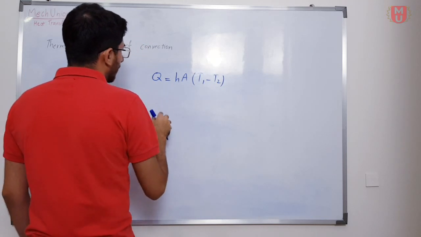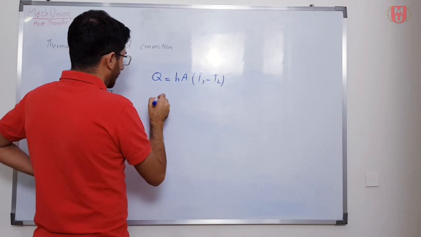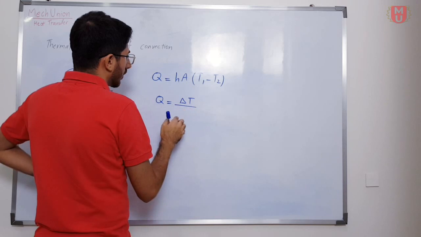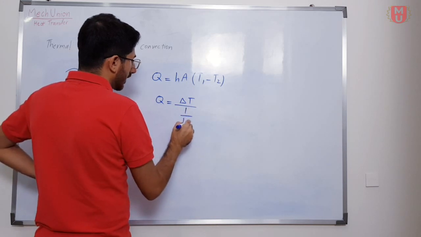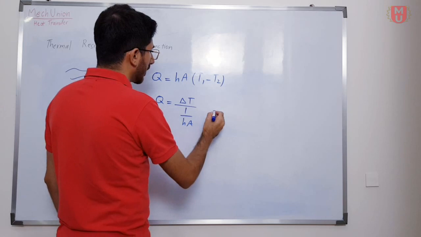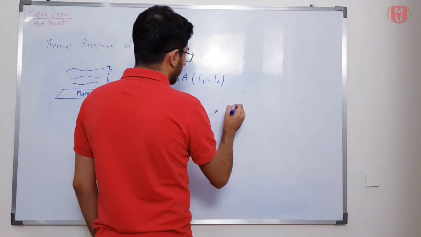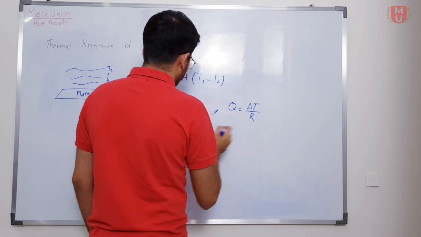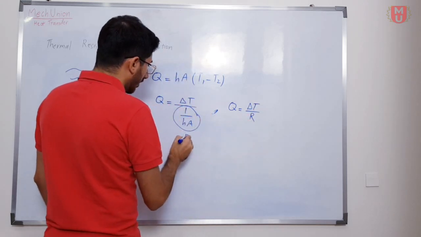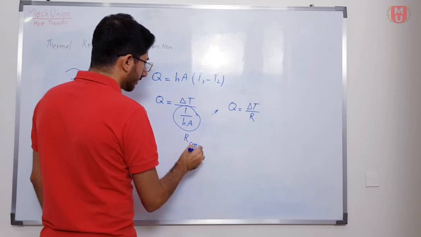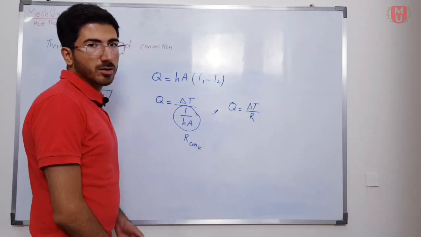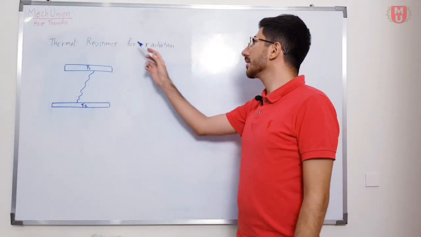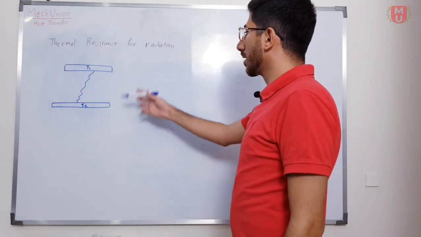Again, by moving to this side, we'll have Q equals delta T over 1 over hA. And by making a comparison with our original formula, delta T over R, this is R of convection, 1 over hA.